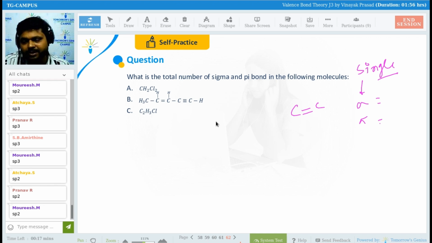If there is a double bond, there will be 1 pi bond and 1 sigma bond. Bhuwana, I'm asking you: it will be 1 pi and 1 sigma, right?